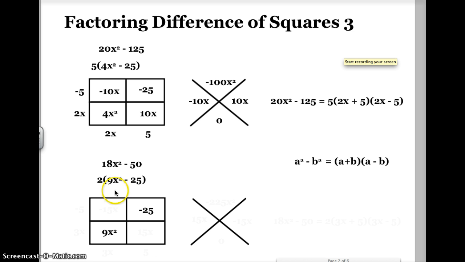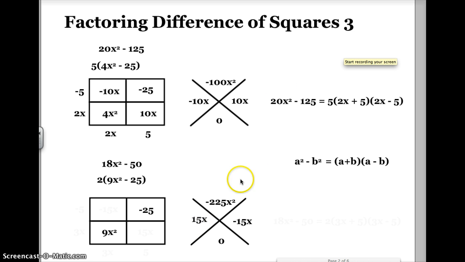These two boxes have to have a sum of 0 because there's no x term. They have to have a product the same as this. If I have 9 times 25, I have 225. So it's going to be negative 225x squared. That's a perfect square. 15 squared is going to be 225. So I have a positive 15x and a negative 15x.